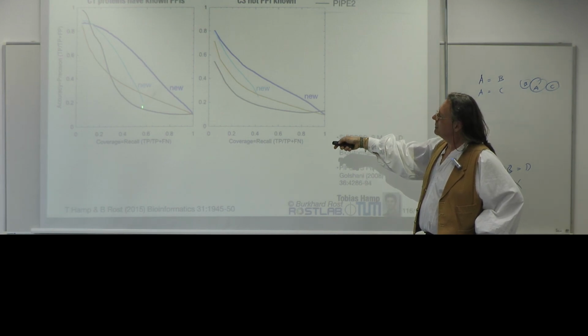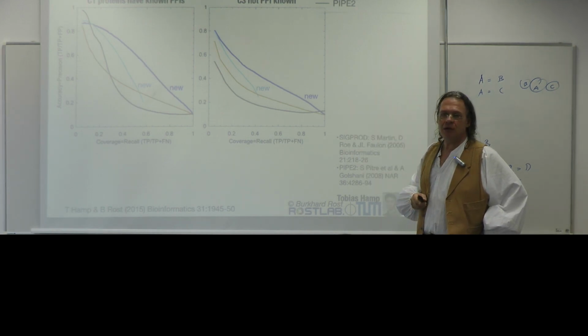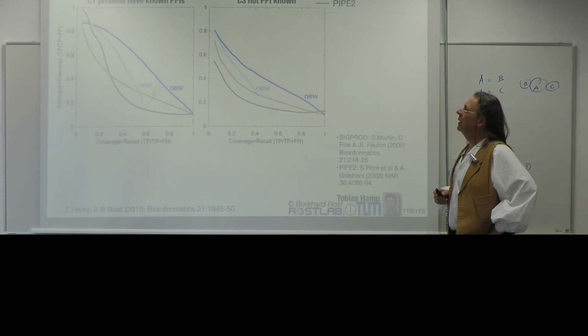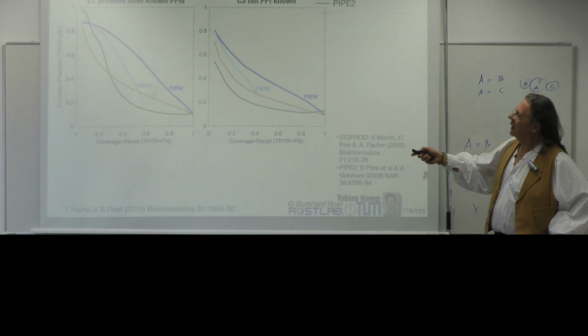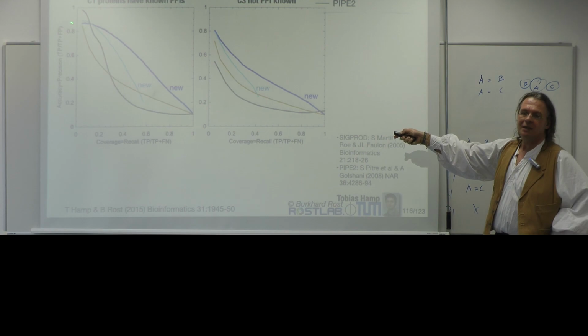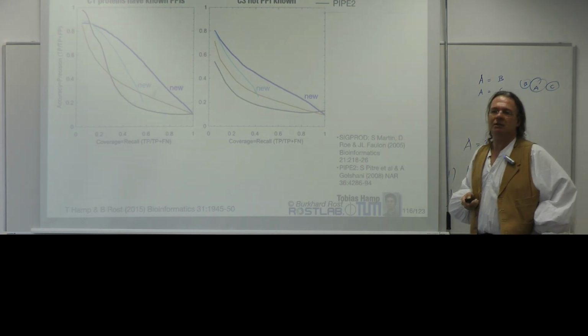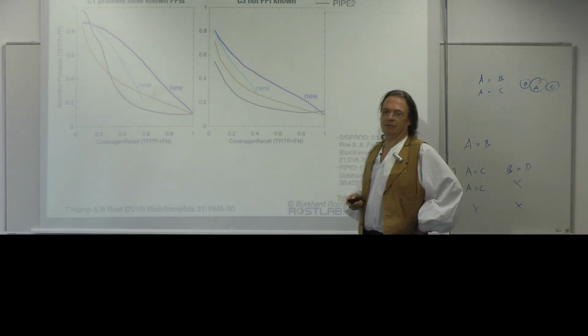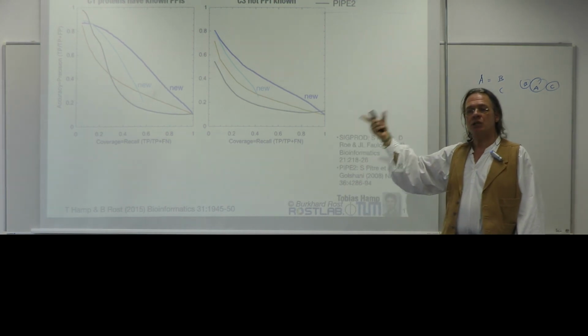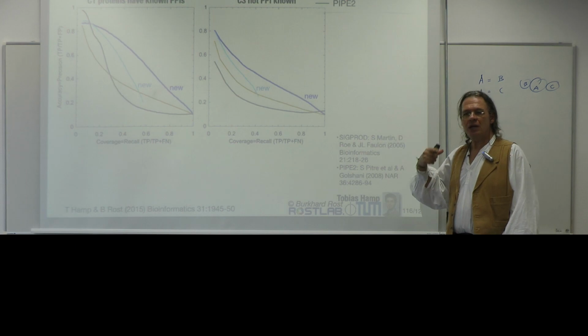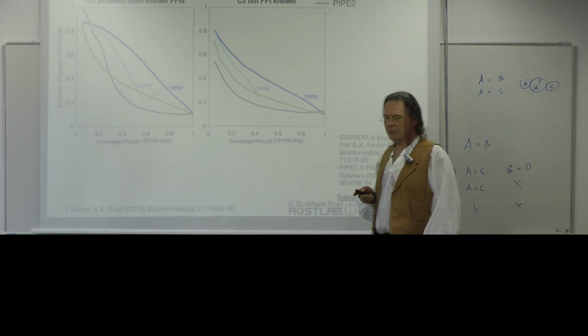And expression arrays in both cases do not really help. So light blue is not much higher than dark blue. To put it mildly, you may also say it's lower. But at least here for the C1 class, there's a little bit of a region where the light blue is above. So expression array somehow helps. This is expression array just as a lookup, not expression array as I showed you before, where you train a machine learning method on it.